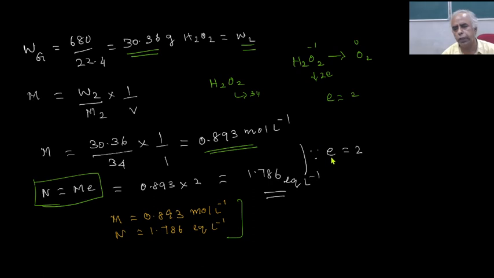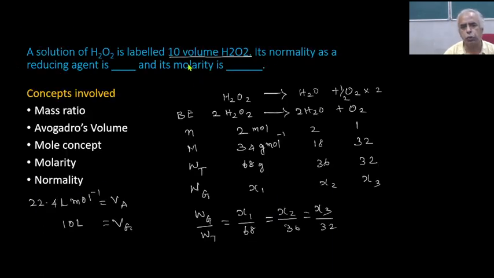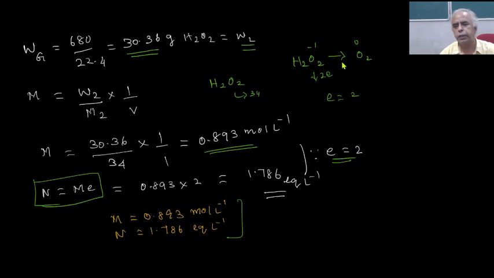But you should know how to get this E as 2. For which you go to this equation, where H2O2 acts as a reducing agent. Reducing agent means it undergoes oxidation, is it not? Oxidation is de-electronation. So -1 has become 0. The oxidation state for a neutral molecule of oxygen is 0. In the case of hydrogen peroxide, the oxidation state of oxygen is -1.